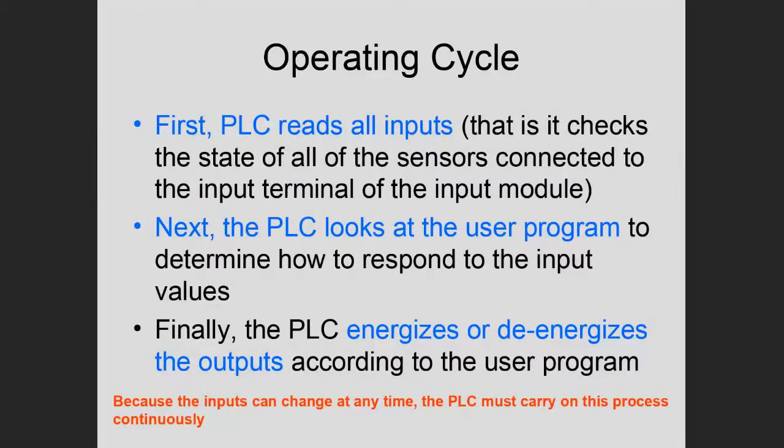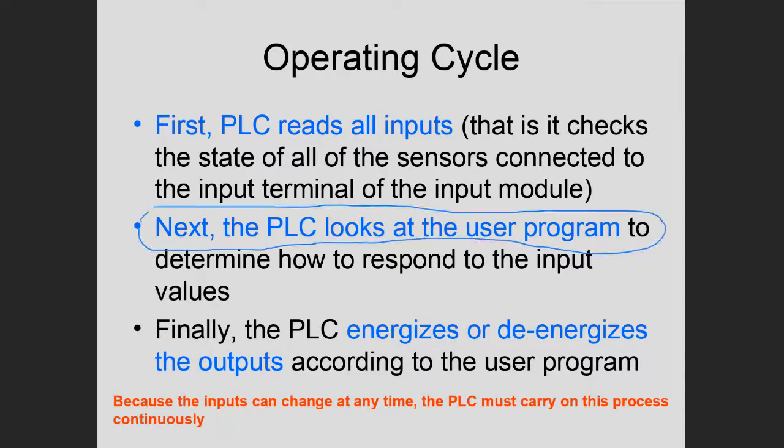I would mark the previous slide and then this one. The PLC will first read all inputs. It's going to check the state of the switches and sensors to see if it should store a 1 or a 0. It's going to put the appropriate binary value in the input image table, the data table. And then it's going to look at the program that you wrote to see how to respond to those 1s or 0s.